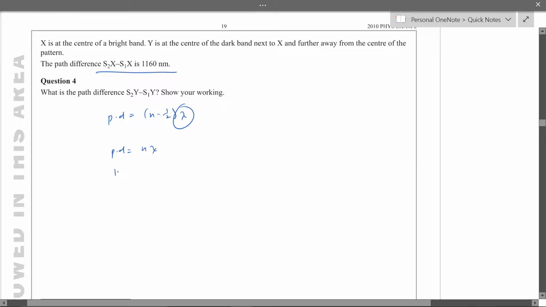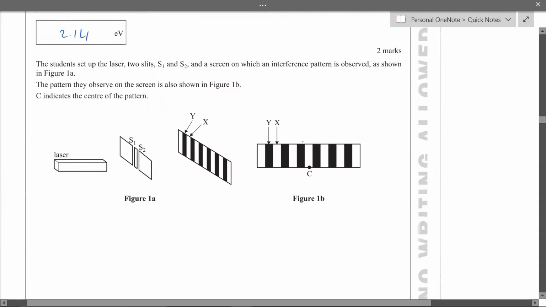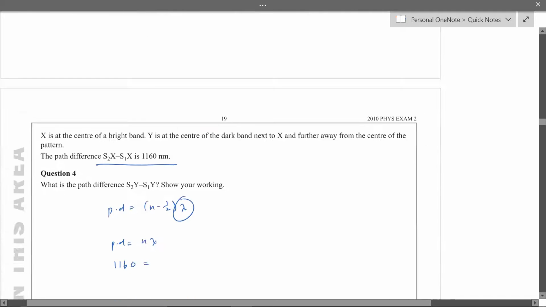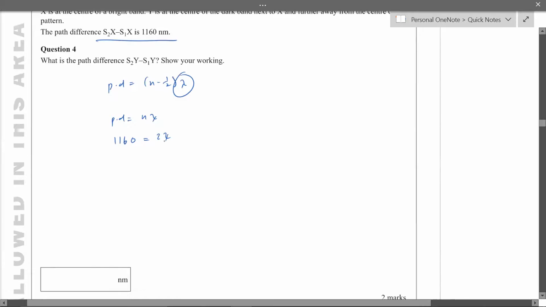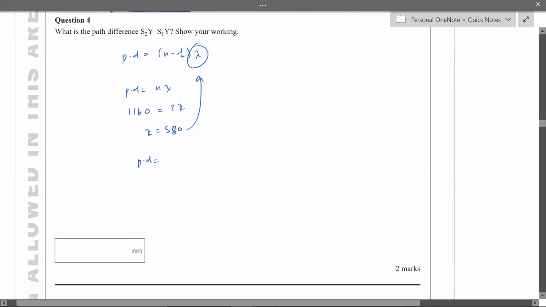Equals n lambda, 1160 equals, and X was the second band, so n is 2. So lambda is 580, and then we sub that in here, so PD is, and Y is the third band, so 3 minus half times 580, which is 1,450.